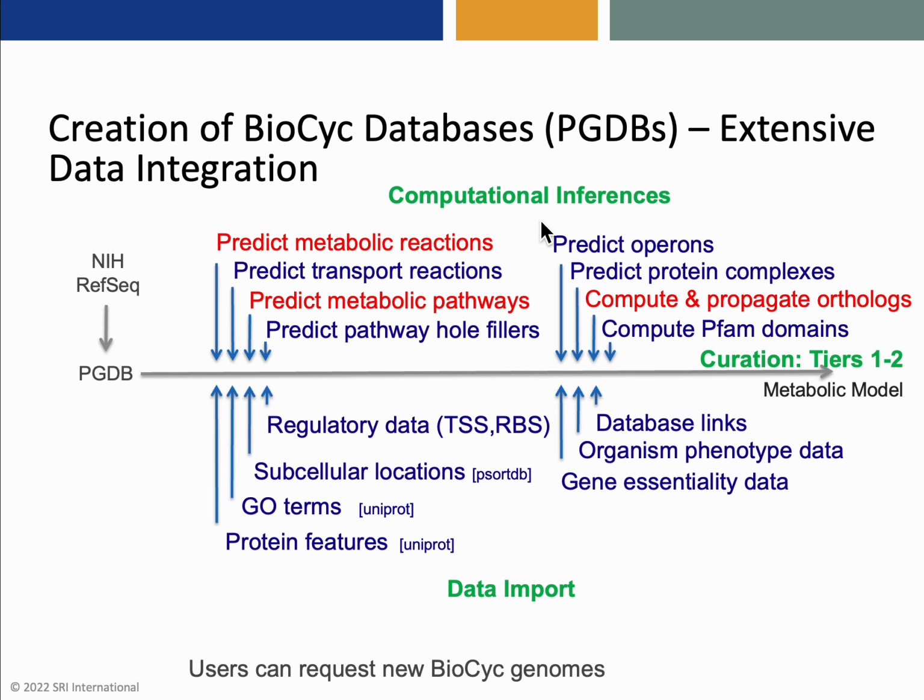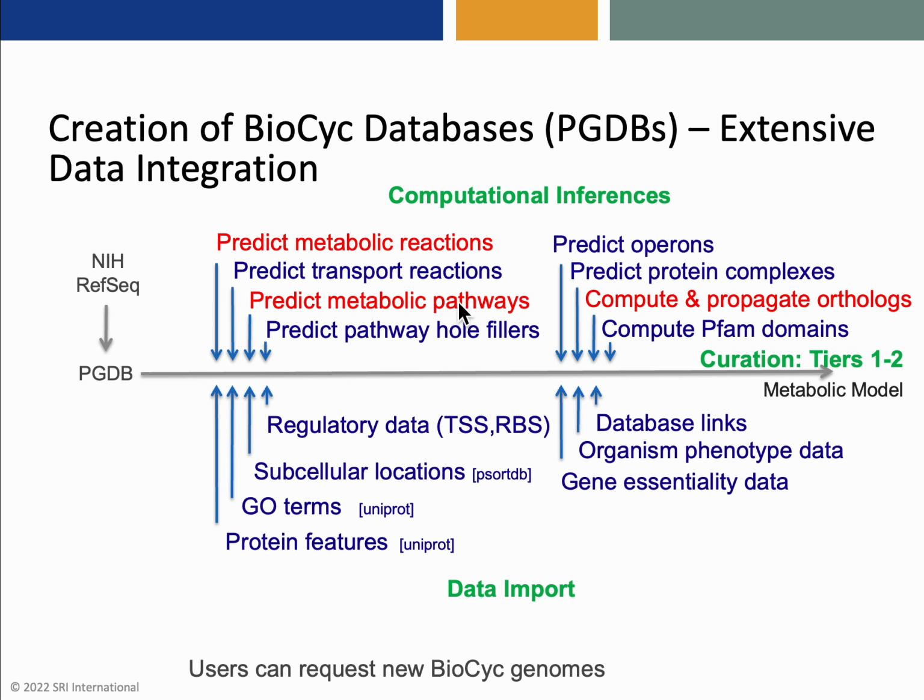We then combine computational inferences that we apply to the database with data import operations. Among the computational inferences are that we predict the metabolic reactions catalyzed by the enzymes of the organism. We predict the metabolic pathways that those reactions are part of. And we also compute orthologs between the proteins in the new organism and proteins in existing BioCyc organisms.